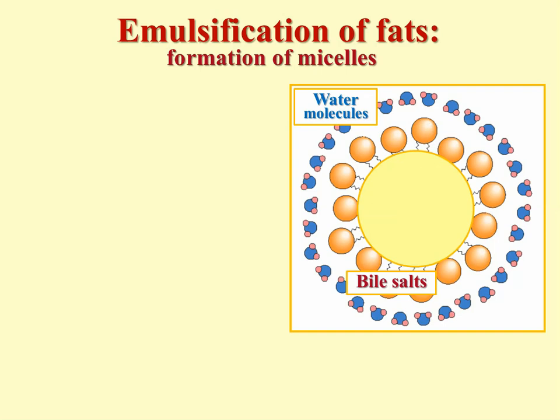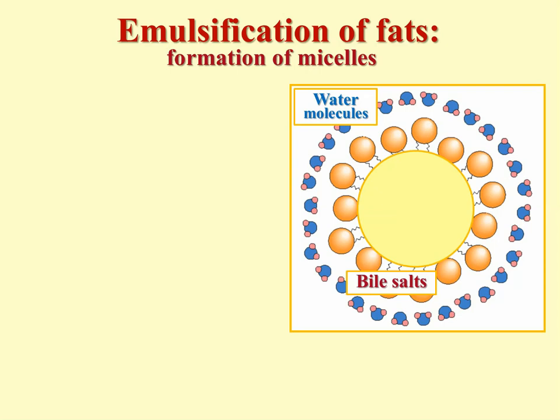Therefore, each little droplet of fat is surrounded by bile salt molecules with their polar hydrophilic heads out. So the total droplet becomes soluble and surrounded by water molecules easily.